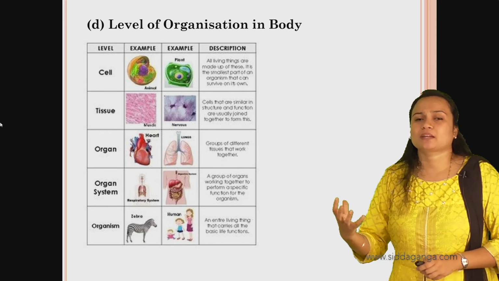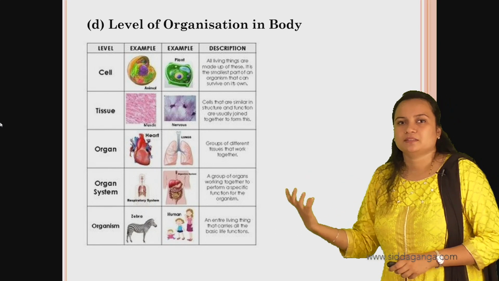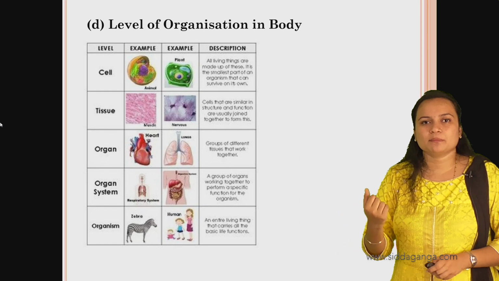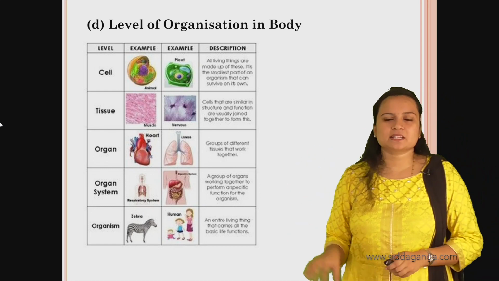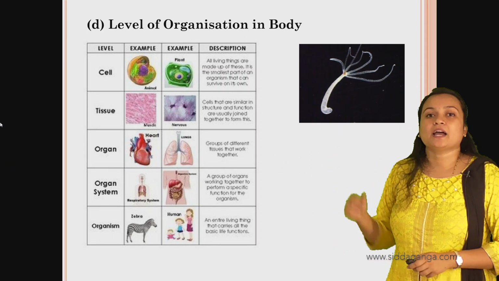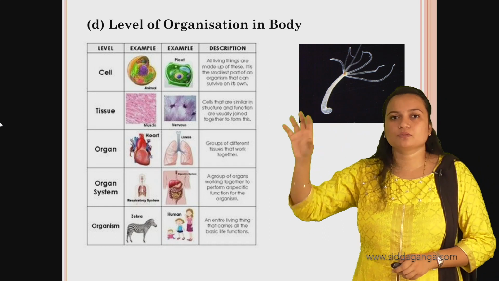Some primitive organisms, some very lower organisms, are of cellular level of organization, like amoeba, right? They are only single cells, whereas some are tissue level of organization, like hydra, right?